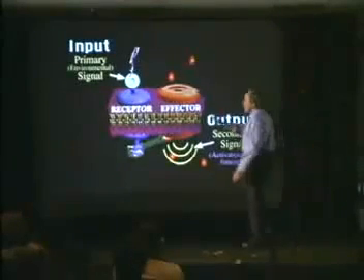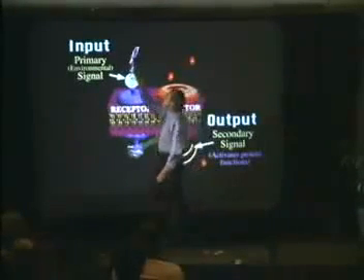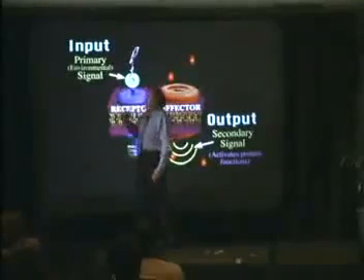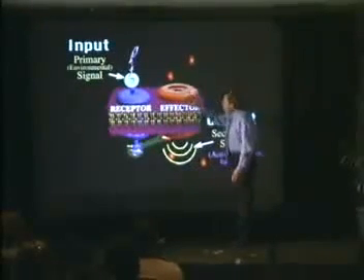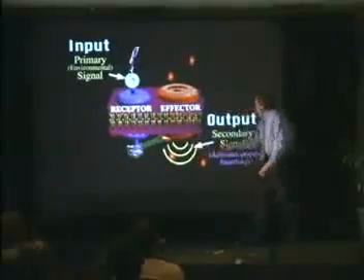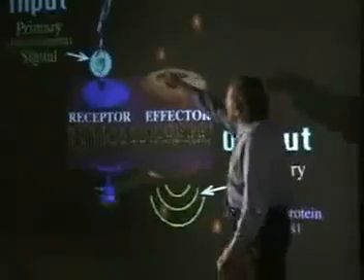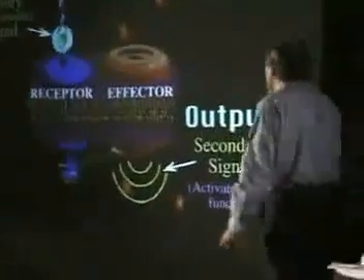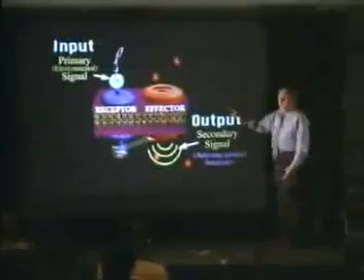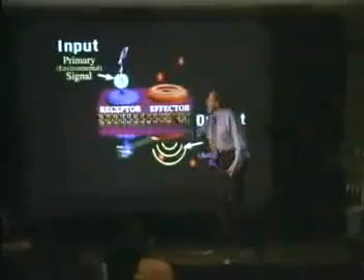So basically it goes like this. The receptor is the input. It reads the environment. The receptor then connects to the effector, which generates the behavior through a secondary signal. The primary signal, this is the secondary signal that activates the behavior of the cell. So that this unit is controlling a specific aspect of behavior.